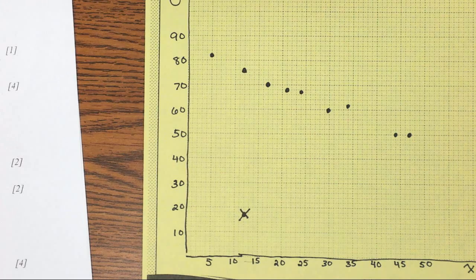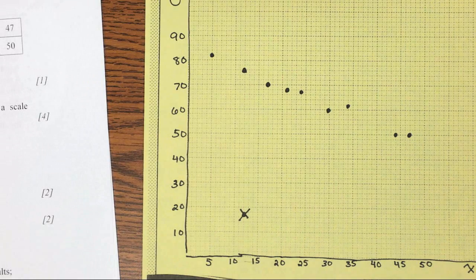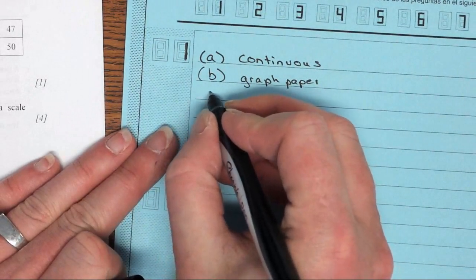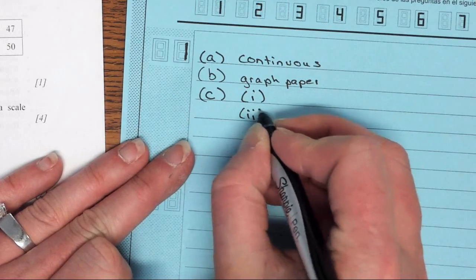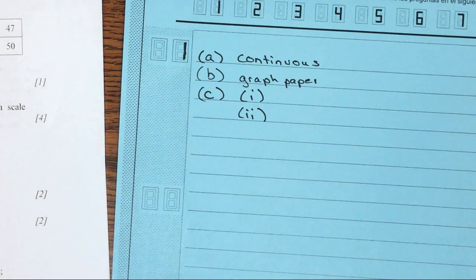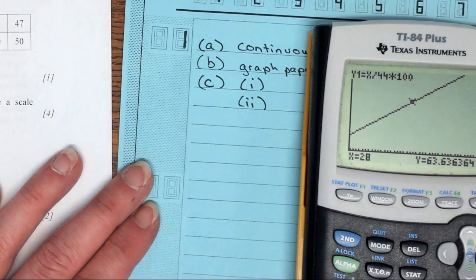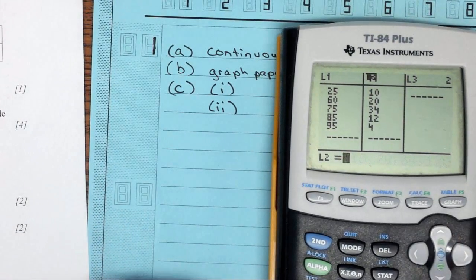Now part C says to write down, I need my paper again, the mean distance, the x values, mean x, and the mean circumference, which is the mean of y's. So I know that's going to be part C, and I'm going to have to do I and I. Now, since we're putting in data, that's a stat type thing, and I need to clear out what I have.